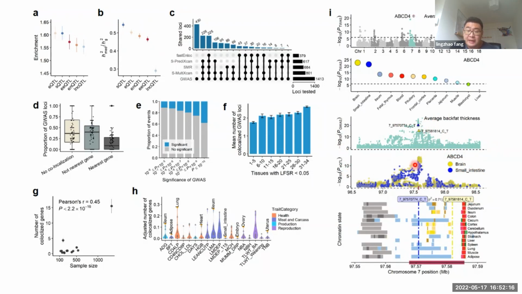And there are two SNPs that were colocalized, and these two SNPs have good LD with each other. If we focus on these two SNPs and look at the chromatin states around them, you only see enhancers in the gut tissue and the brain, and no enhancers in other tissues.